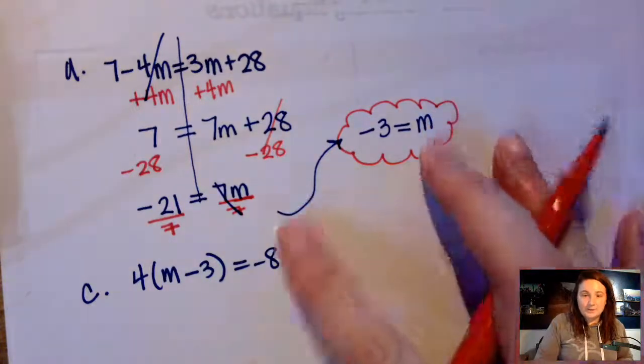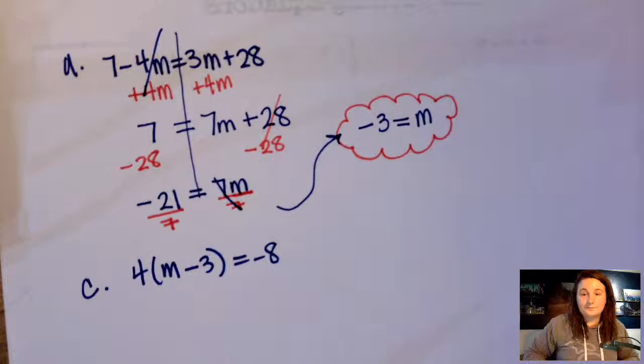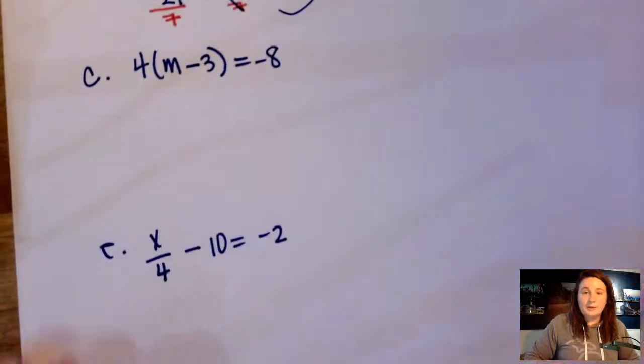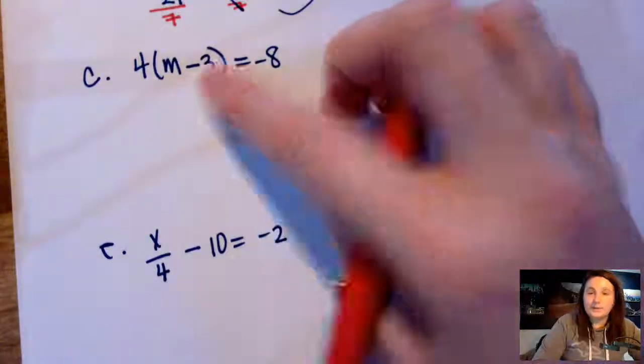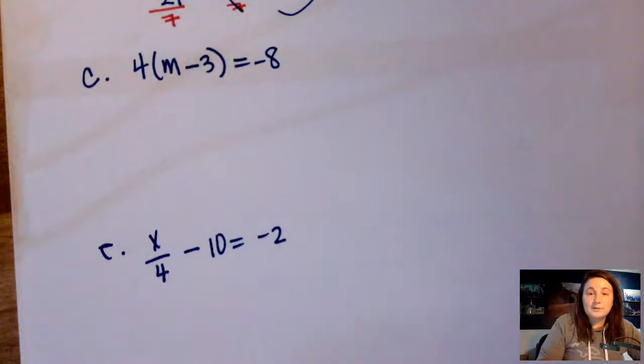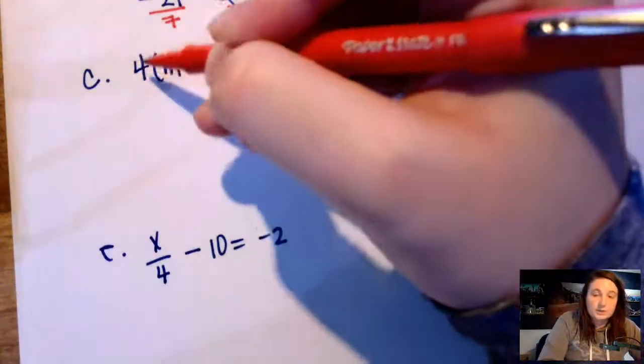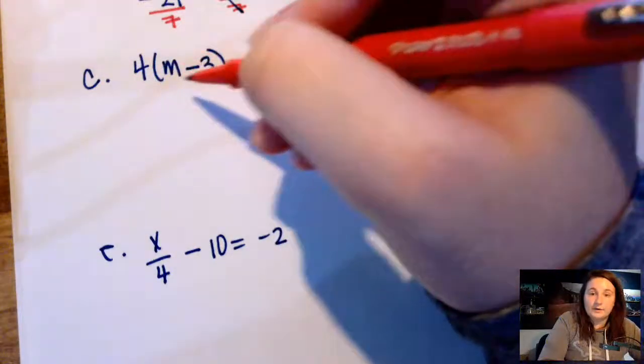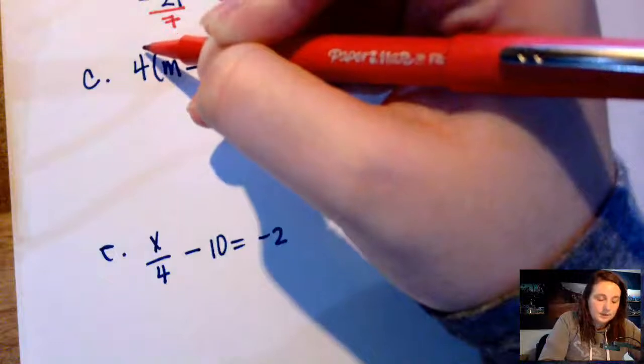So now let's do problem C. Problem C I like because it has parentheses. Whenever we see parentheses, that's going to be our very first step, and we are going to use the distributive property. So we are going to distribute whatever is out in front to whatever is on the inside using multiplication.